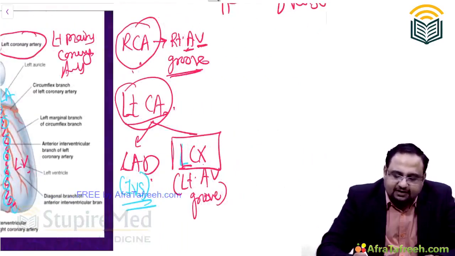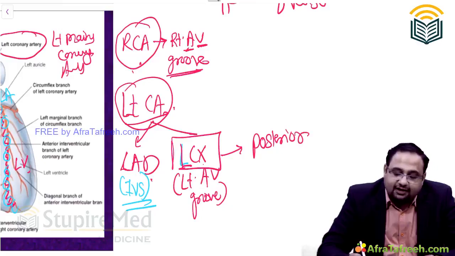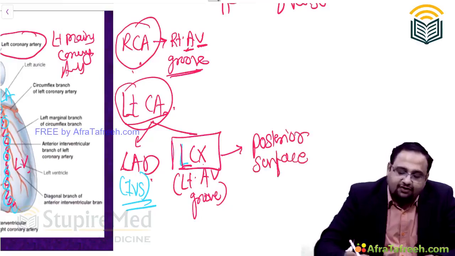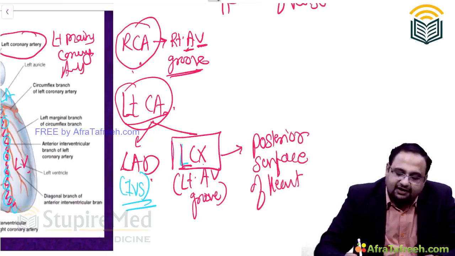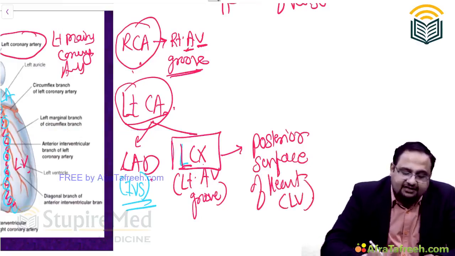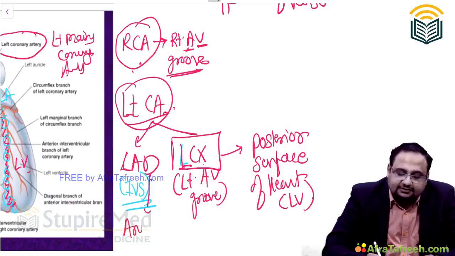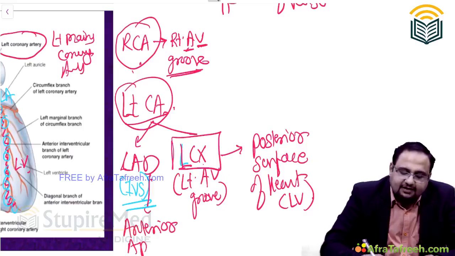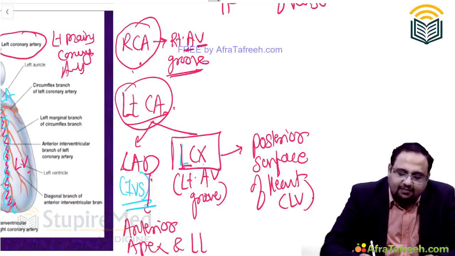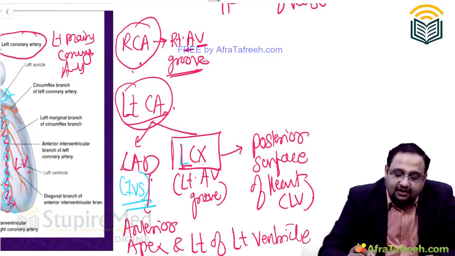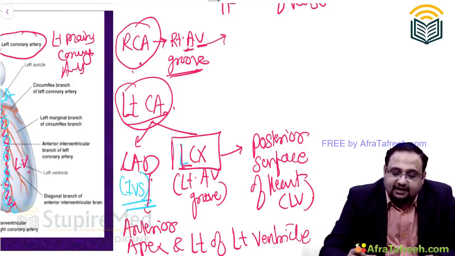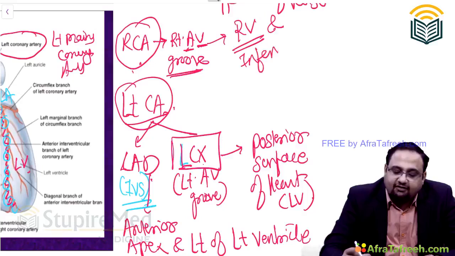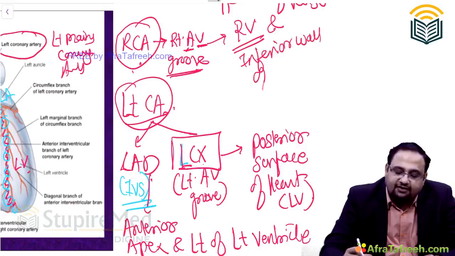So the left circumflex artery supplies the posterior surface of the heart or left ventricle, while the left anterior descending artery supplies the anterior, the apex and a little lateral part of the left ventricle, while the right coronary artery supplies the right ventricle completely and certain times the inferior wall of the left ventricle.